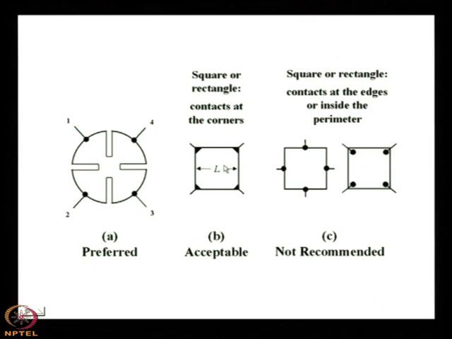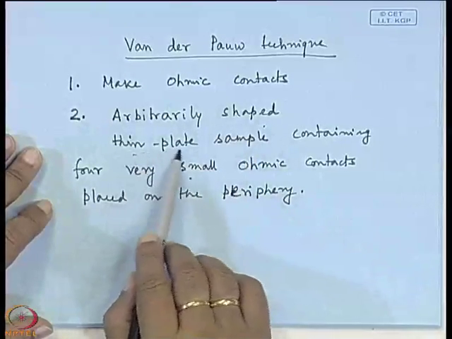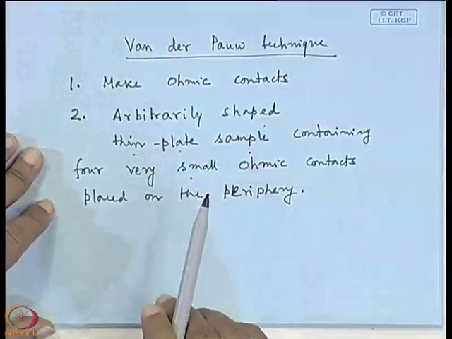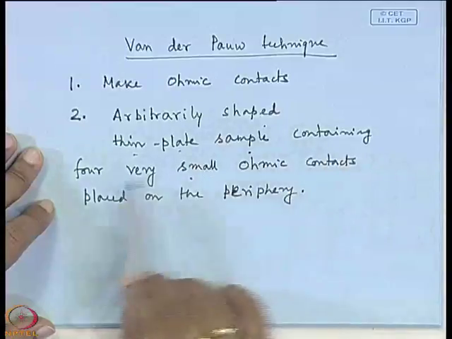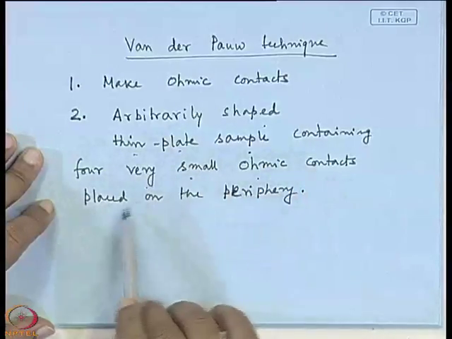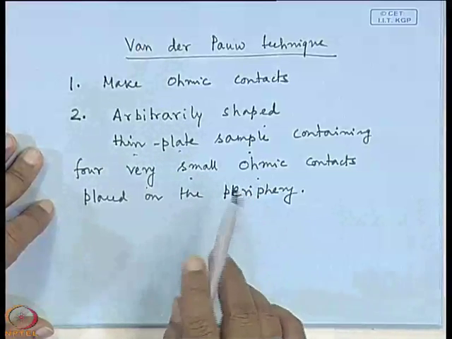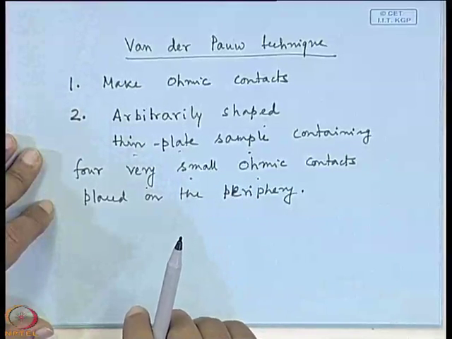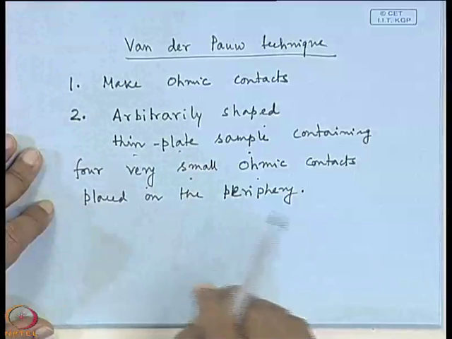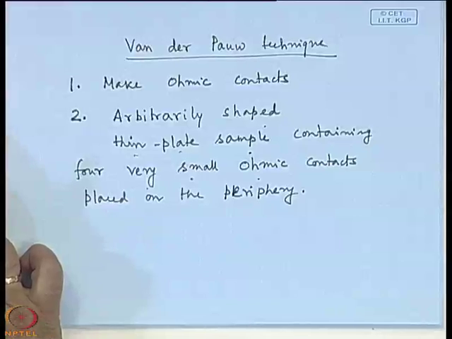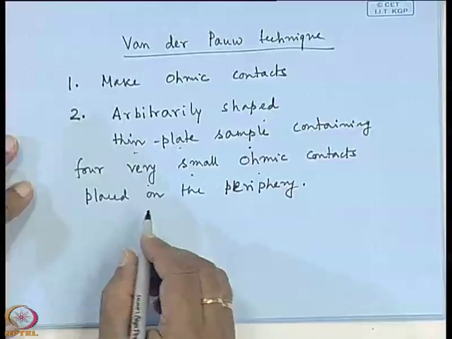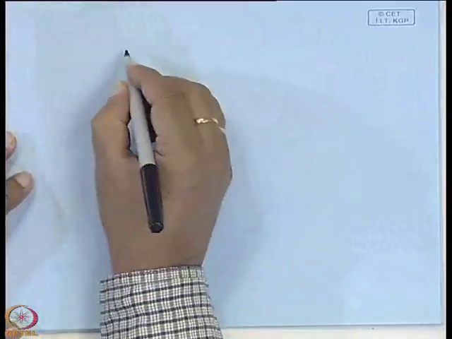That means it can be an arbitrarily shaped thin plate sample. Thin plate means thin samples, epitaxial samples, containing 4 very small ohmic contacts placed on the periphery or in the corner, preferably in the corner. And if this is the situation, then in the Van der Pauw configuration you can measure the resistivity by using the Van der Pauw equation.